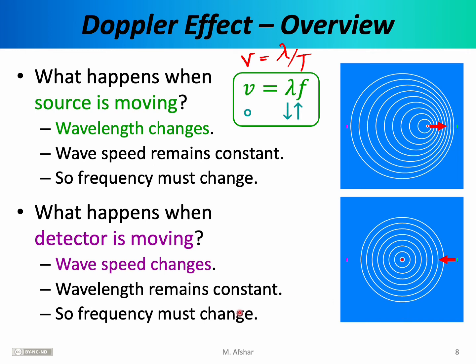The wavelength, on the other hand, remains constant. You can see the separation between the wavefronts on the left is the same as the separation on the right. However, if the wave speed changes and the wavelength doesn't, then the frequency must change. Once again, V must equal lambda F, but in this case, lambda remains constant. V changes, it might increase, in which case F would also increase.